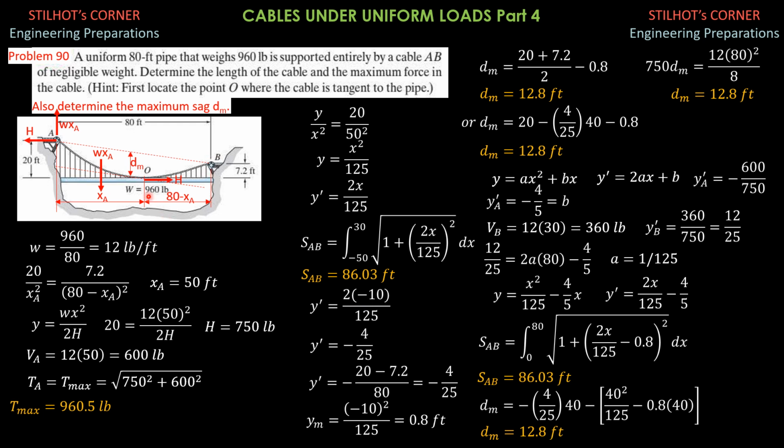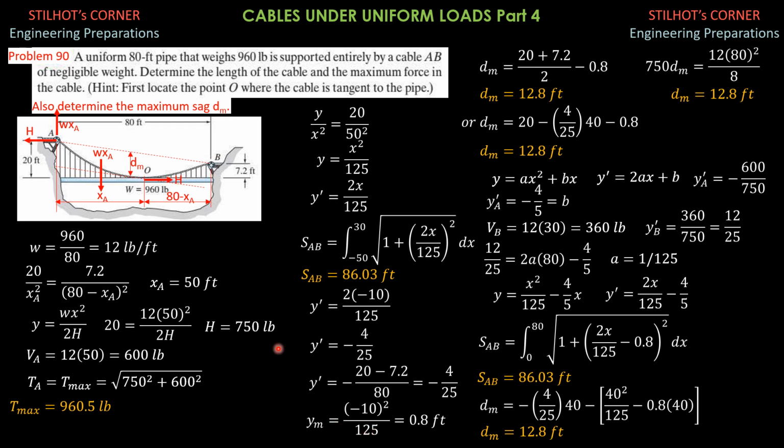So 2 times negative 10, because the center is 10 feet to the left of the origin, over 125. So negative 4 over 25. The slope of chord AB is indeed negative because it is directed down to the right. So that's a negative slope, and it is equal to negative of quantity 20 minus 7.2, all over 80 feet. So it's indeed negative 4 over 25.